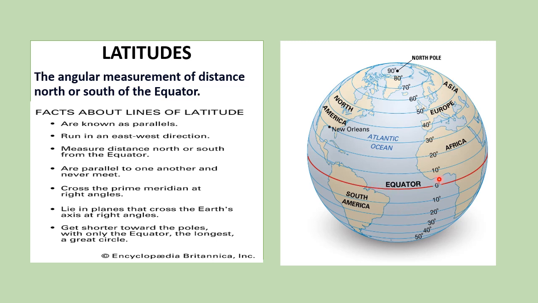They cross the prime meridian at right angles, and they lie in planes that cross the Earth's axis at right angles. They get shorter towards the poles, as I discussed earlier, right? As I told earlier, it is bulged towards the center, that is, the equator has the larger radius, whereas at the poles the radius is smaller.